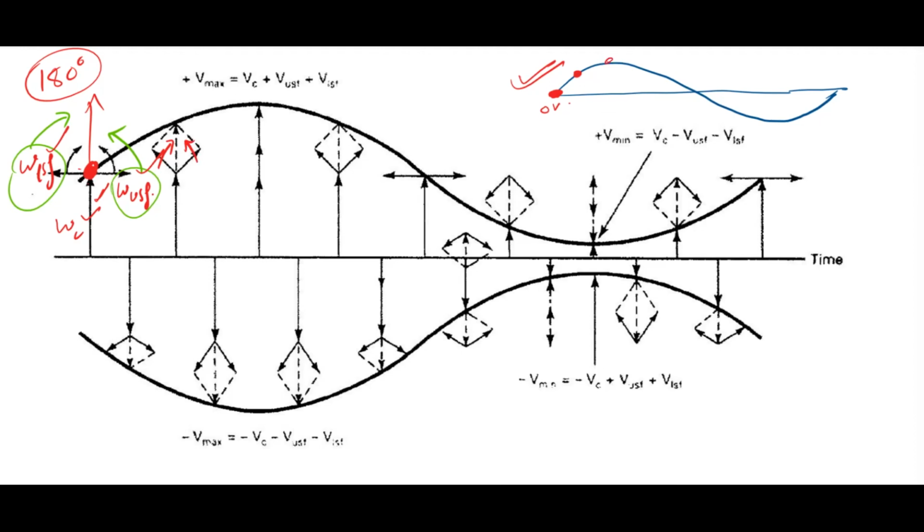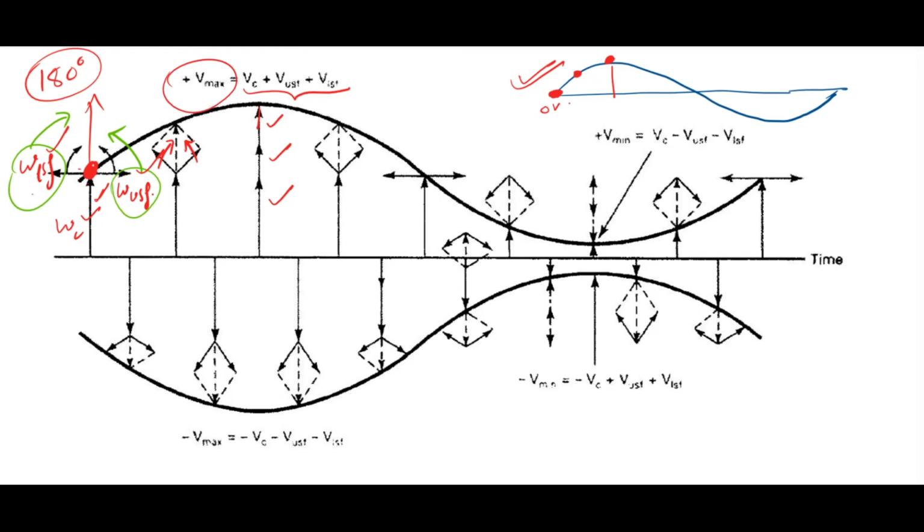When the modulating signal amplitude becomes maximum, the two sidebands and the phasor, or vector, of the carrier come in phase. All the amplitudes get added up, and this we call Vmax, the maximum voltage of the amplitude modulated wave.